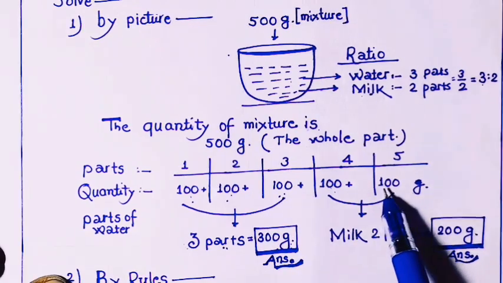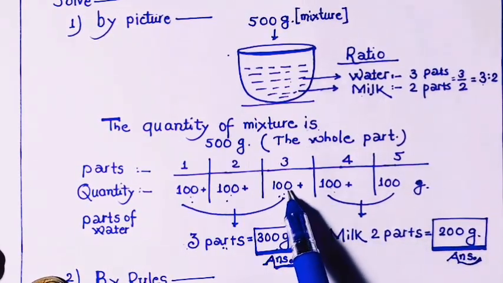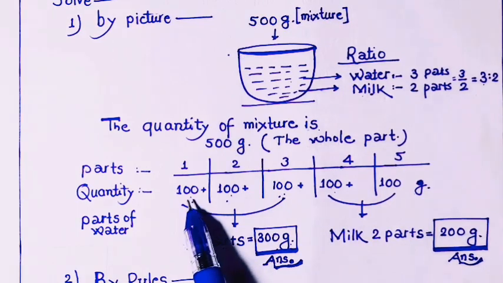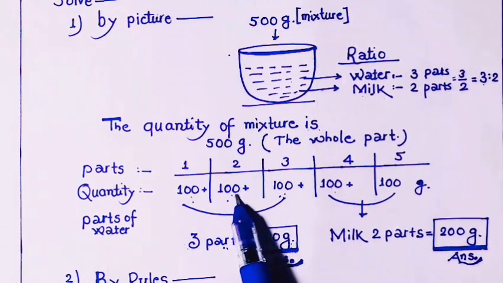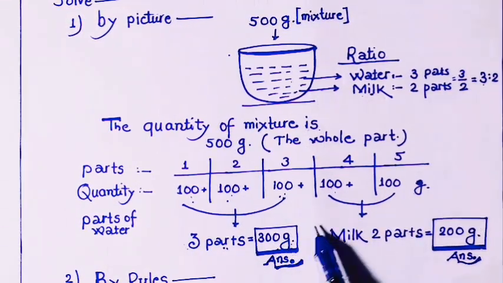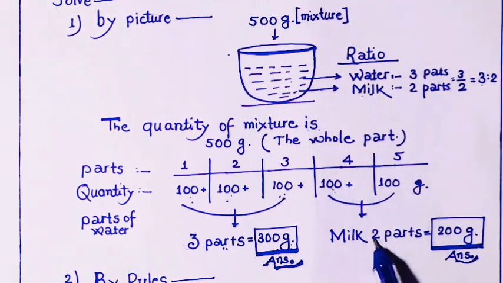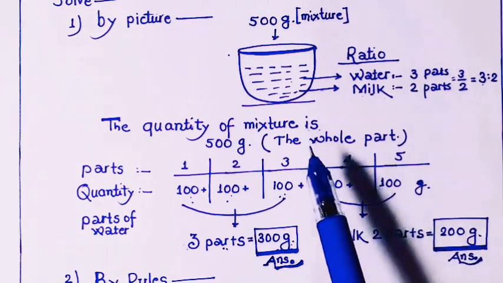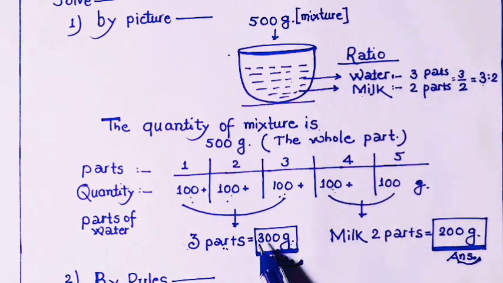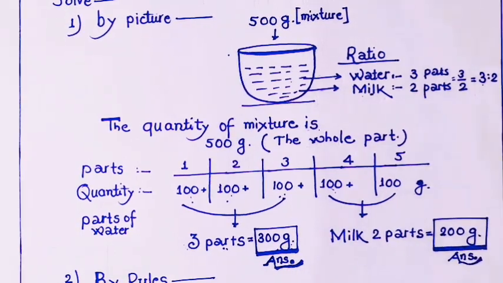If we take 3 parts, then the 3 parts would be 1, 2, 3. 3 parts water would be 300 grams, and the 2 parts would be 200 grams. So we can say that in this mixture the whole quantity of water is 300 grams and milk is 200 grams by their ratio.